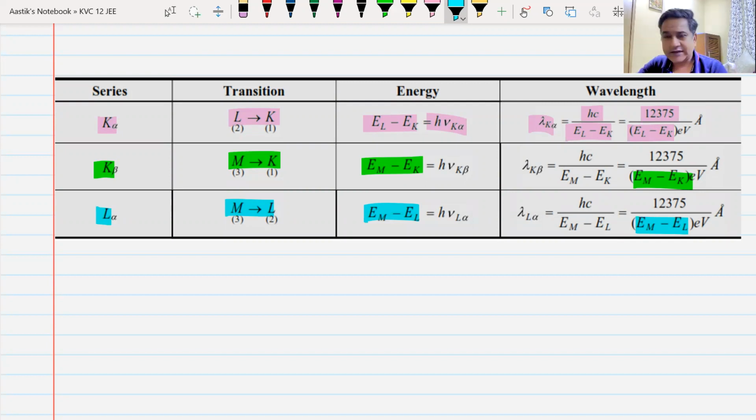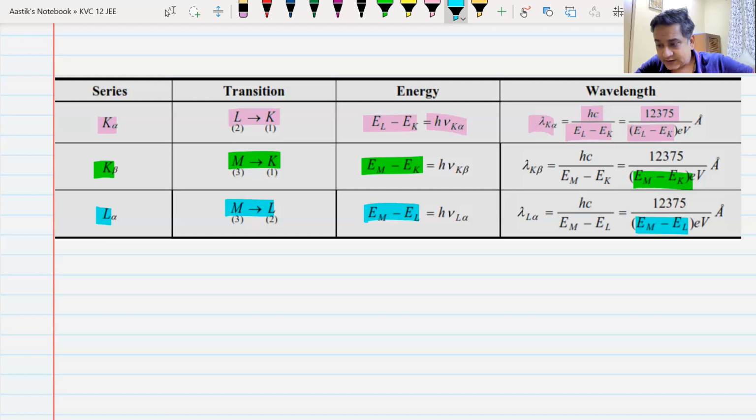K is the lowest energy shell, then we have L, M, N, and so on. It's not covered in depth in chemistry, and we don't need depth. We just need the energy of the L shell and K shell. It will be given in the question. Don't worry about that.